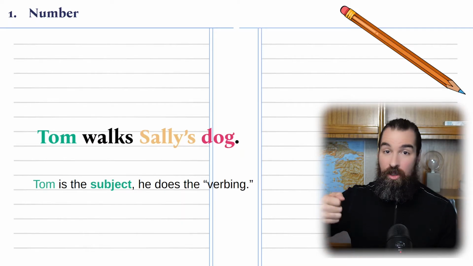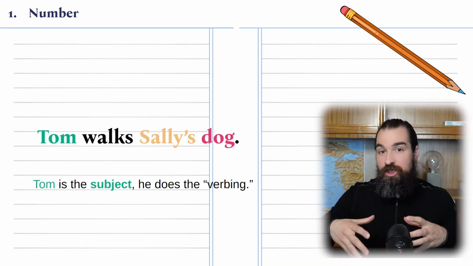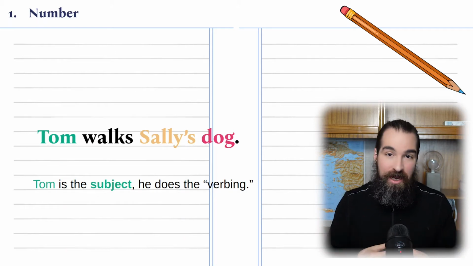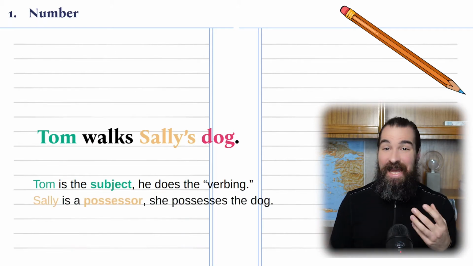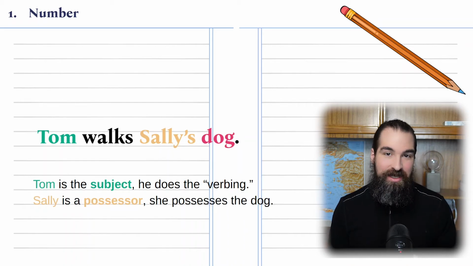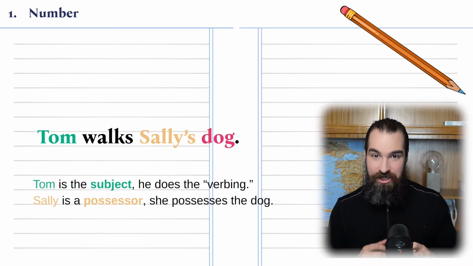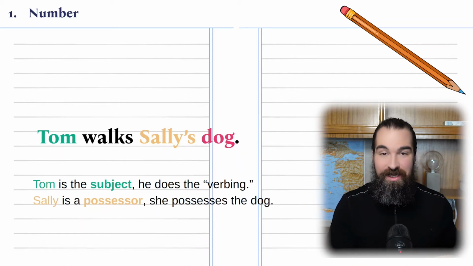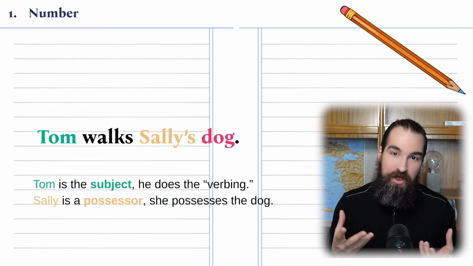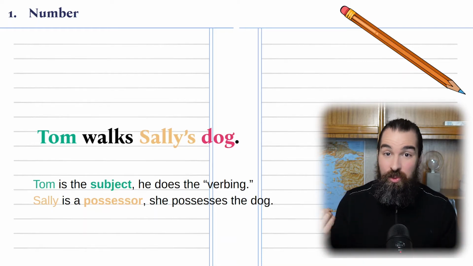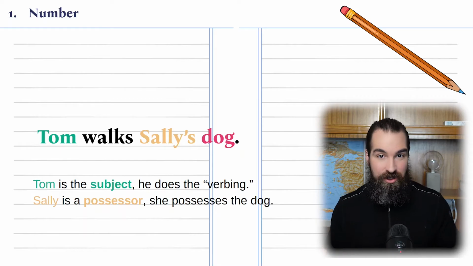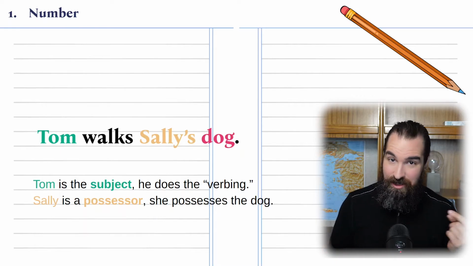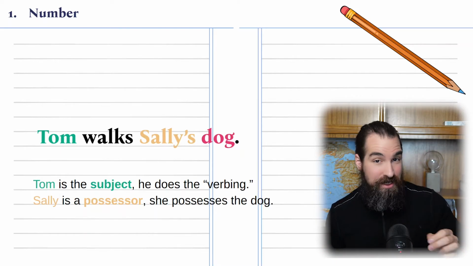He is doing the walking, right? He's in control of the verb. Tom is the subject. Sally, in this sentence, is a possessor. She's actually not involved with the verb. She's just possessing something. What does she possess? The dog. Whose dog? Sally's dog. Tom is the subject. He does the verbing. Sally is a possessor.